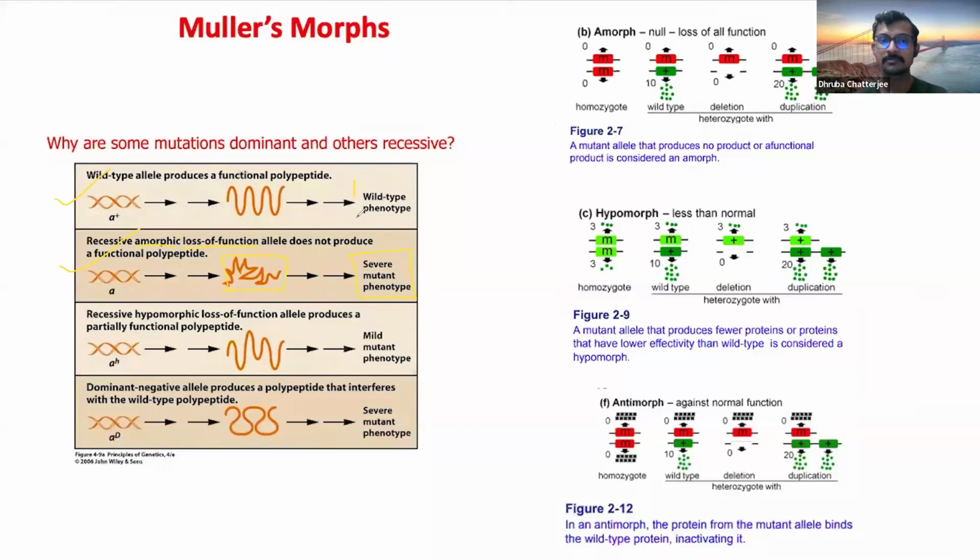So, for example, this wild type phenotype is your tall plant, and this severe mutant phenotype, which is basically loss of function, like loss of tallness, is dwarfness. So this is your dwarf plant. In the dwarf plant, the genotype has to be small t, small t.